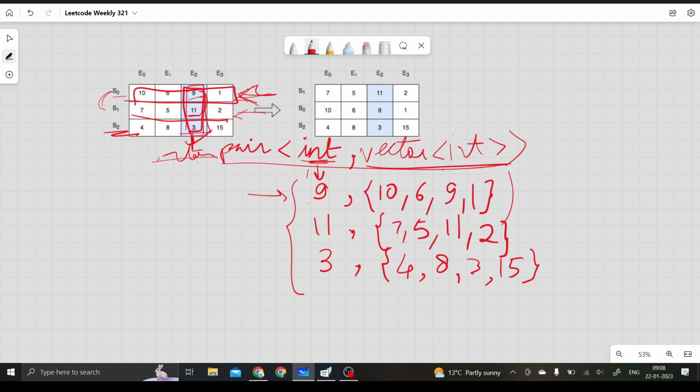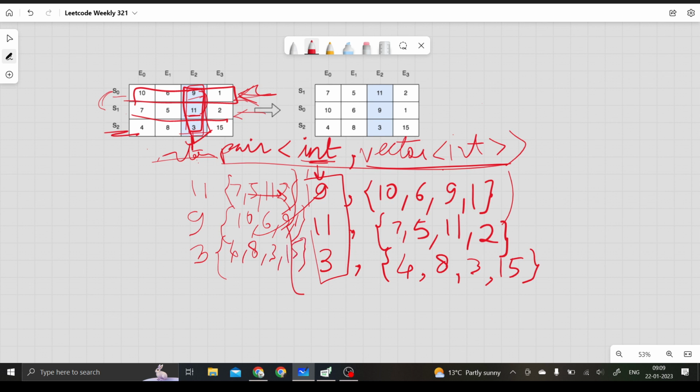Now it's very easy from here. We just sort these pairs according to the first values. After sorting, we get 11 with its row, then 9 with the row 10, 6, 9 and 1, and then 3 with its corresponding row.